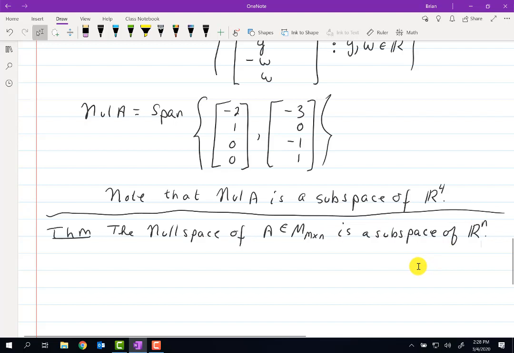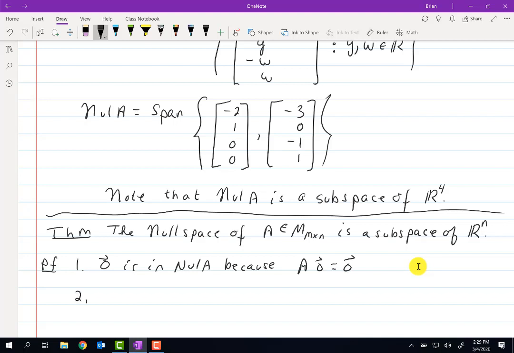And really, nowhere in this proof are we going to do anything difficult. But first, note this: for number 1, the 0 vector is in null A. Well, because A times the 0 vector is automatically the 0 vector.